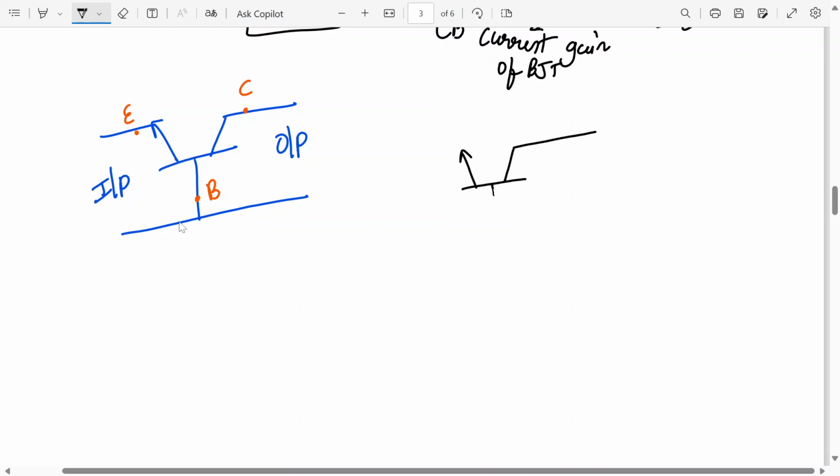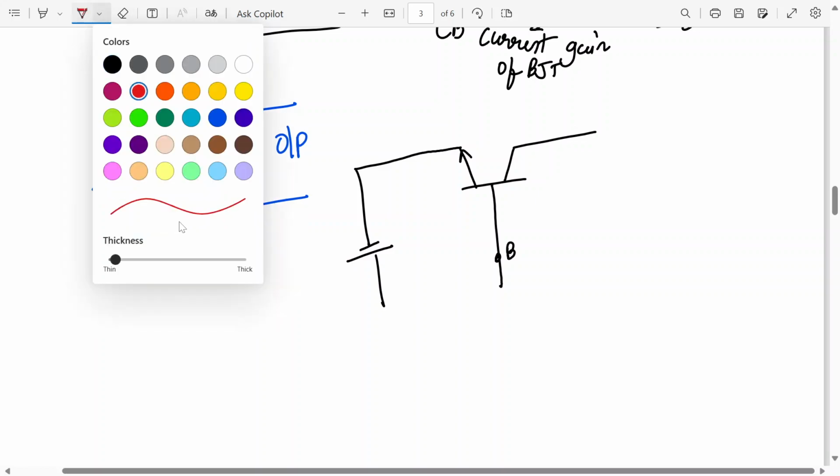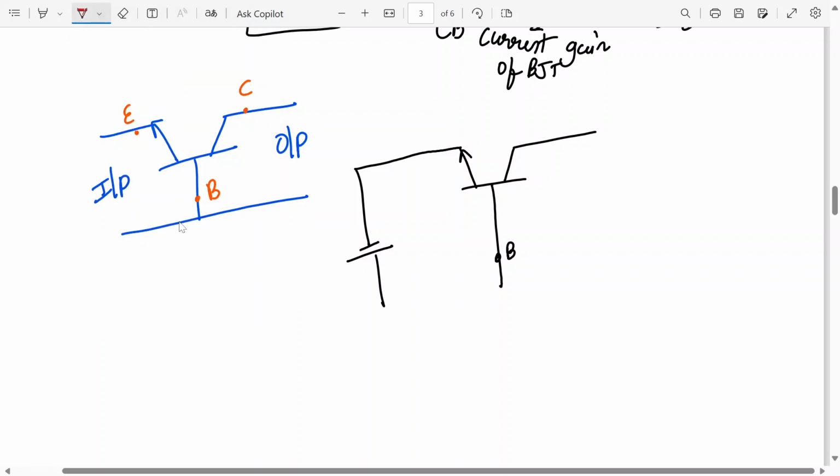Okay. So this is the base terminal which is going to the ground, of course, and on the right hand side you can draw the power supply. So power supply will be this way. See, we have to forward bias it, right? Base emitter junction always forward bias, base collector reverse bias. So ये base emitter junction है, तो this is N P N. So N को हम लोग negative दे रहे, तो ये forward biasing this, तो ये correct है.